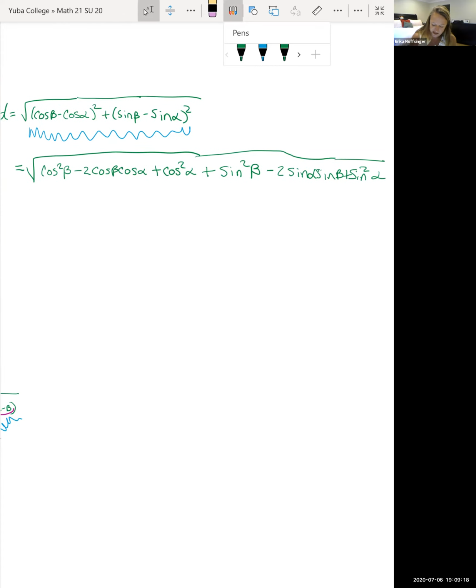So notice that you're going to have multiple things with 1 in here. We have a cosine squared beta. Look for the sine squared beta, which is right here. So this sums to be a 1. And then we have a sine squared alpha and a cosine squared alpha.